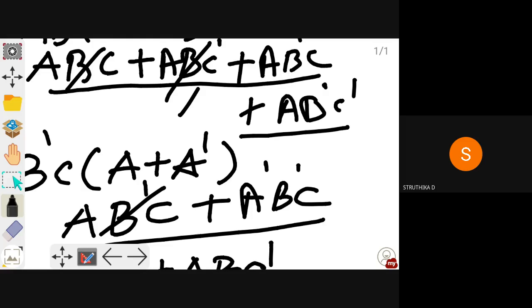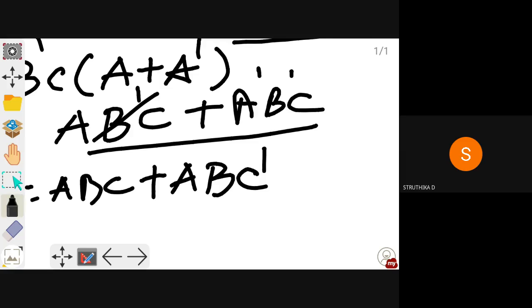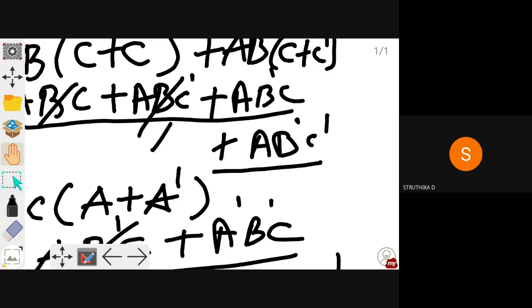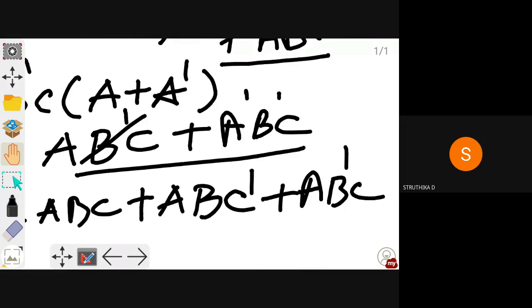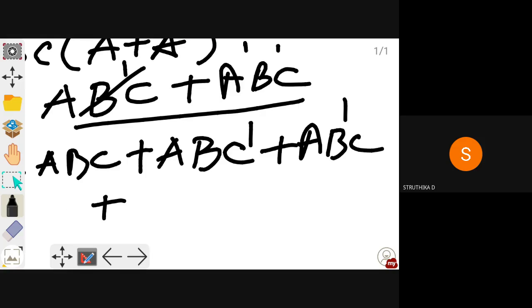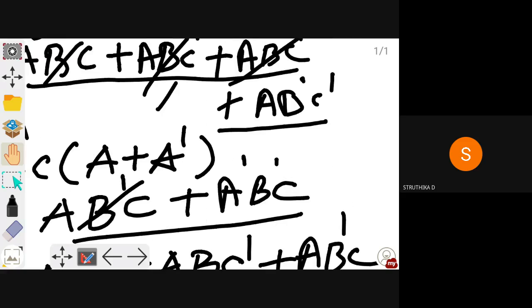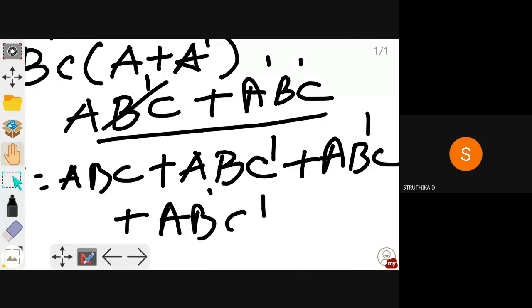So you write plus AB dash C. So this also I have written. Then AB dash C dash plus AB dash C dash. So this also I have written. And the next thing is A dash B dash C.